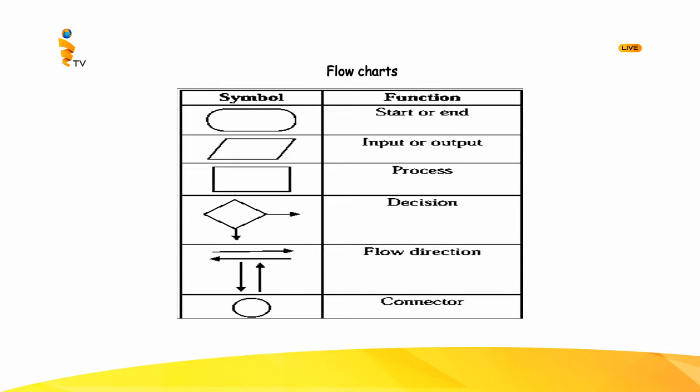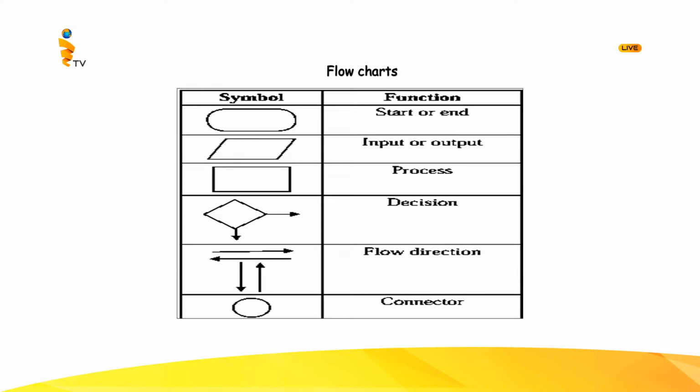Then you remember, in a problem we have inputs, processes and outputs. So we know how to indicate an input and an output. For input or output we use a parallelogram. Then for a process we use a rectangle.